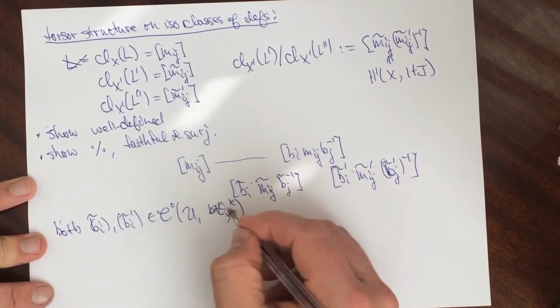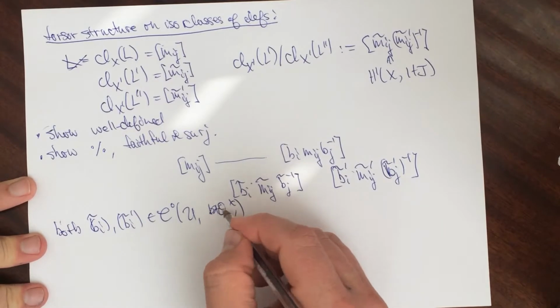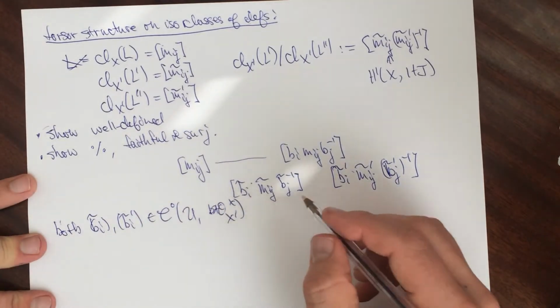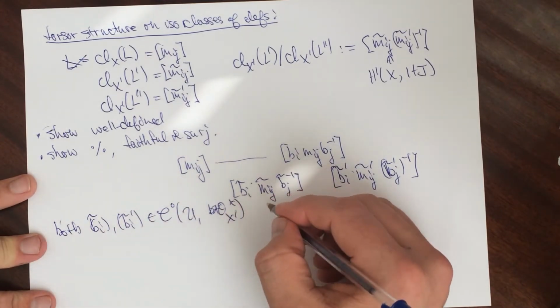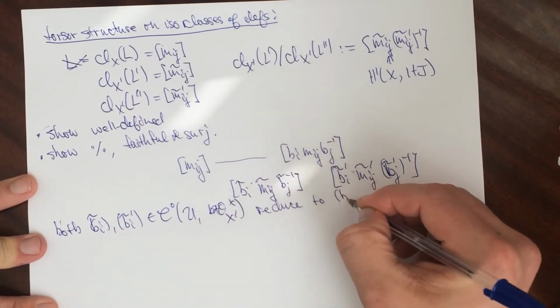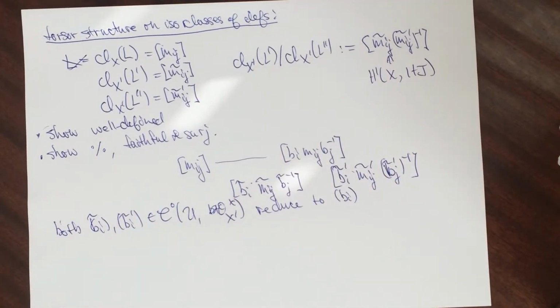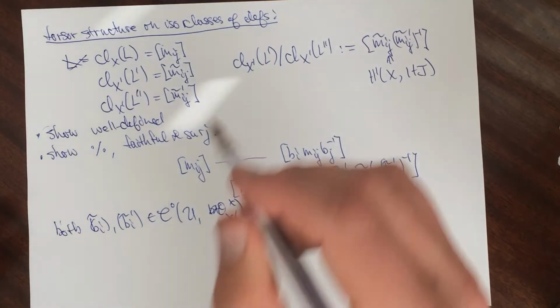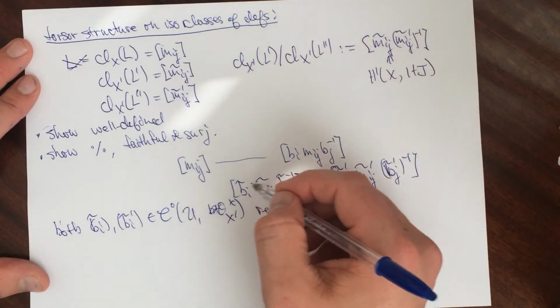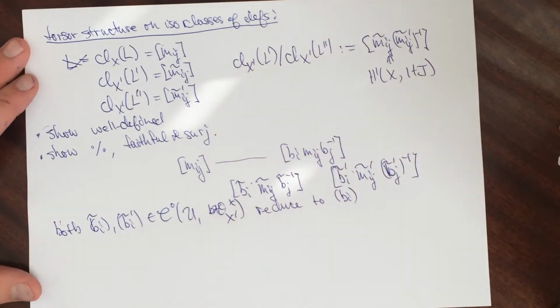So units in the lift or deformation of X, the multiplicative group. So both these guys reduce to a fixed bi. Okay, so then I claim that this class here is going to be equal to the class that we get from here.